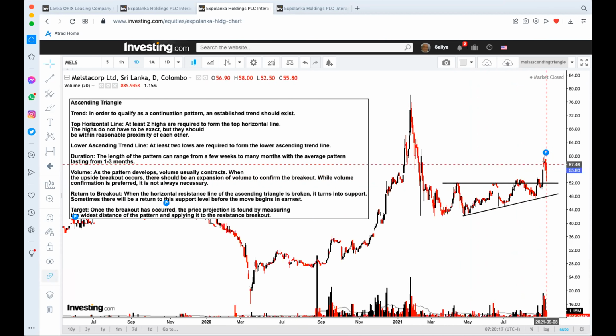And you can see that after hitting a high here on the 7th of September, the prices have fallen along with the market sentiment. And today you can see that it has almost tested that 51.90 area when it came down to 52 rupees and 50 cents, and then aggressively moved and closed at 55.80, just like many stocks performed today.